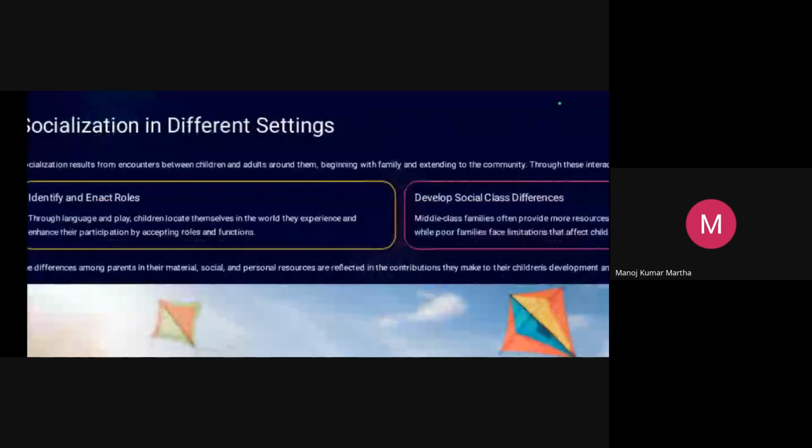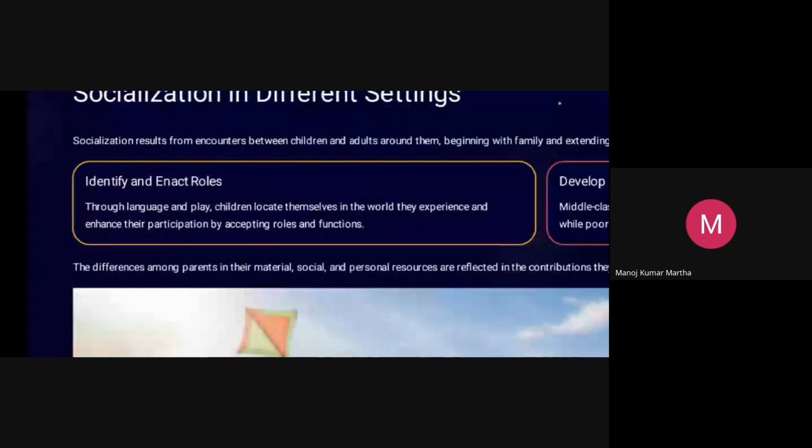So through the process of socialization, the children get identity and enact roles. That means through language and play, children locate themselves in the world. They establish their own identity and they get experience about the world. They enhance their participation by accepting roles and functions. Okay, they become responsible members of society. That is also a part of the socialization process. And that starts at home.